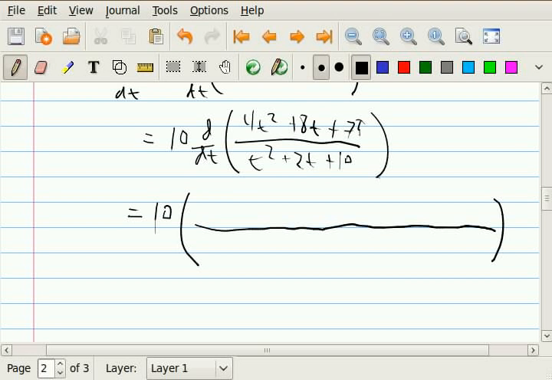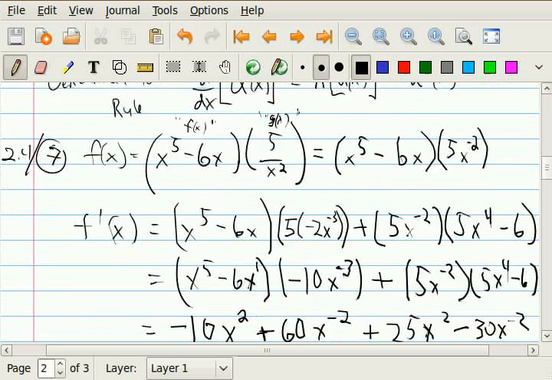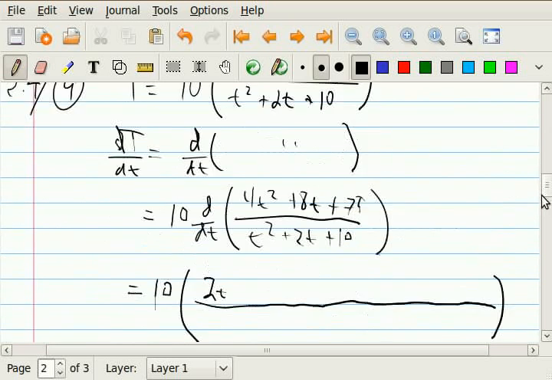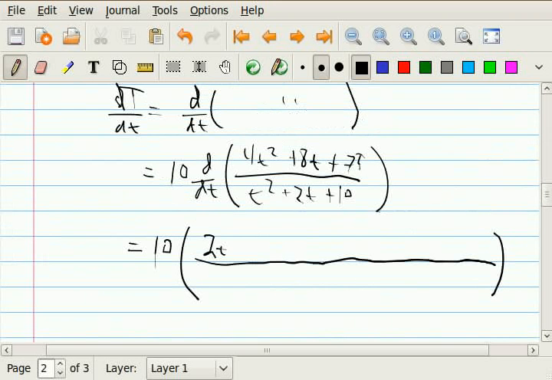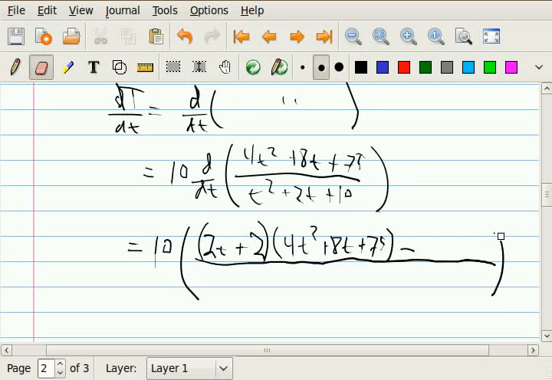Okay, so the derivative of the denominator, well the derivative of t squared is 2t. Did I write that right? Yes. 2t plus the derivative of 2t, which is 2, plus the derivative of 10, which is 0. So that's my derivative of the denominator, and I multiply that by 4t squared plus 8t plus 75. Minus, and I think I'm going to need a little bit more room here.